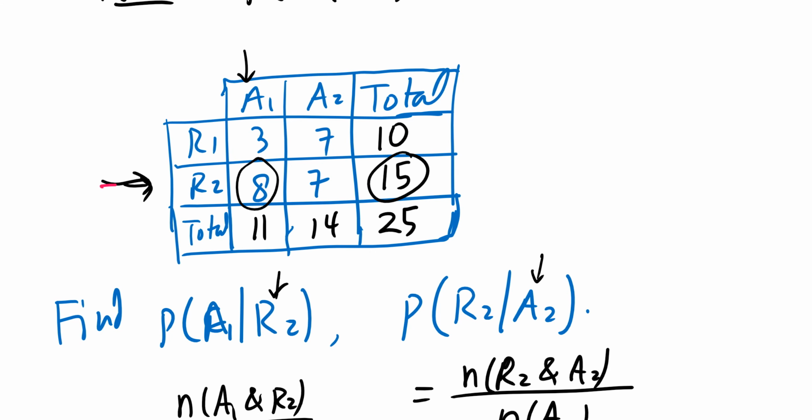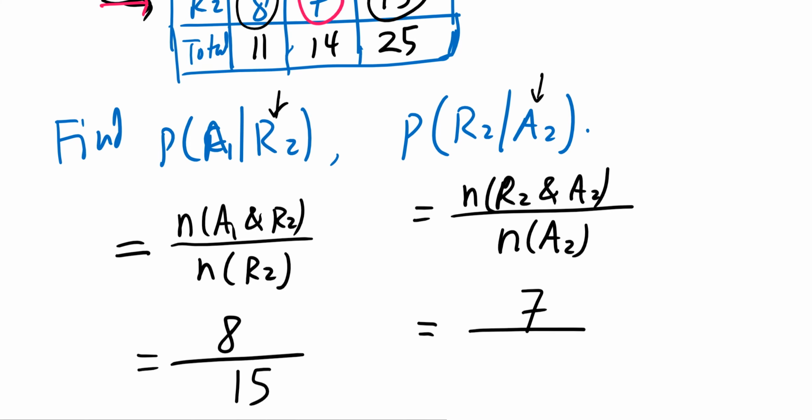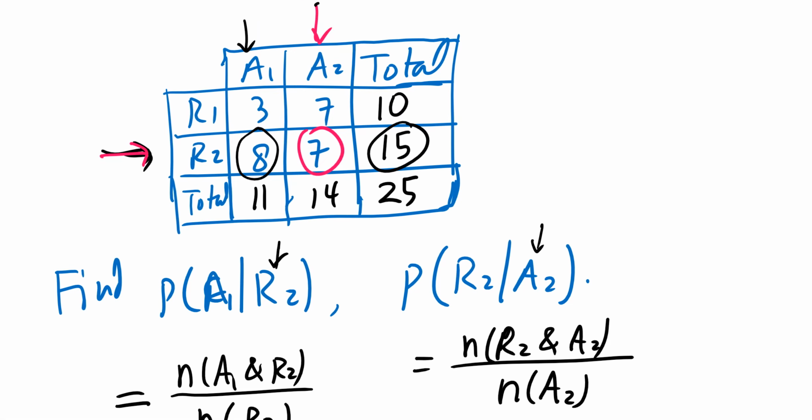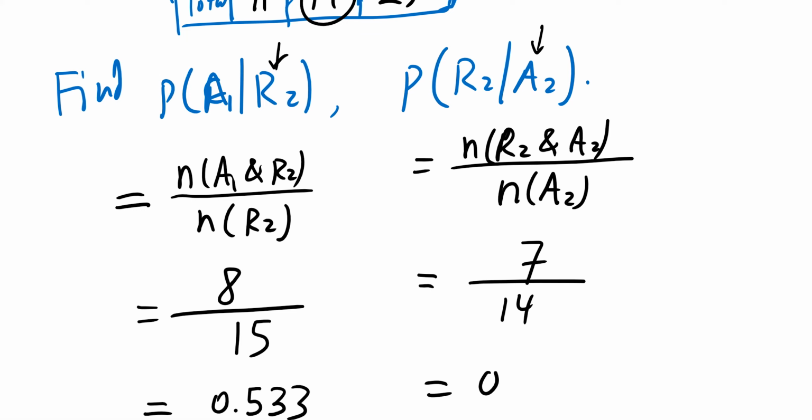There is 7. So 7 goes in there. And what about how many in A2? If you add them up, total is 14. So if you divide this out, you get 0.5. So we can work with the tables regardless if it's standard numbers or joint probability numbers. We can still find the conditional probability in each case.